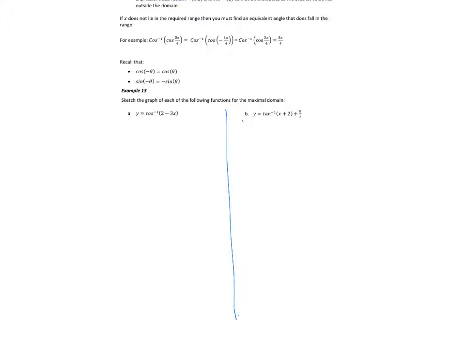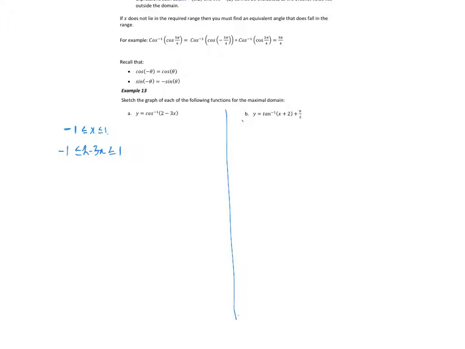So I reckon the first thing really is let's concentrate on the domain of my graph. We know that the domain of cos inverse is negative 1 less than x, which is less than 1. So in this case, I need 2 minus 3x to be less than 1.